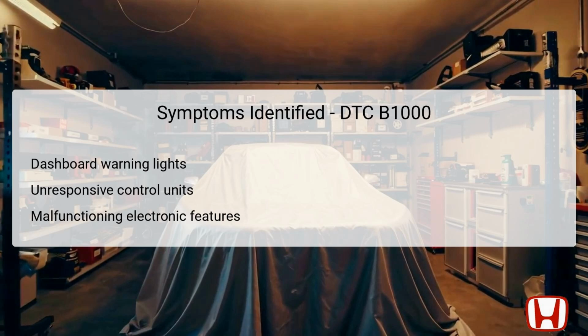In some cases, the vehicle may exhibit a total lack of electronic features that should otherwise work correctly, which can lead to a frustrating experience for the driver. Observing any combination of these symptoms may help pinpoint that the B1000 DTC is active and thus necessitates thorough investigation. Proper diagnosis can save time and prevent unnecessary repairs.